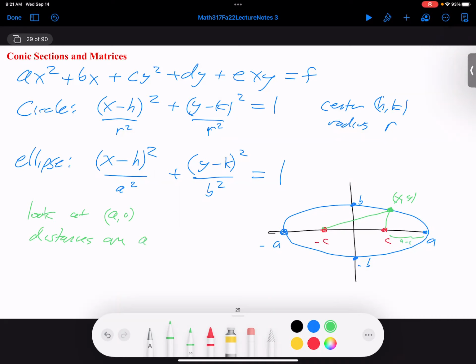So the distances are a minus c, and the other one would be a plus c. So the sum of the distances is 2a, right? So now if we know the sum of the distances is 2a, if we go to b, what is the length of that gold line?